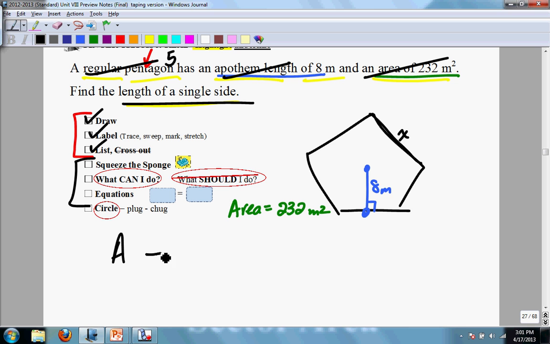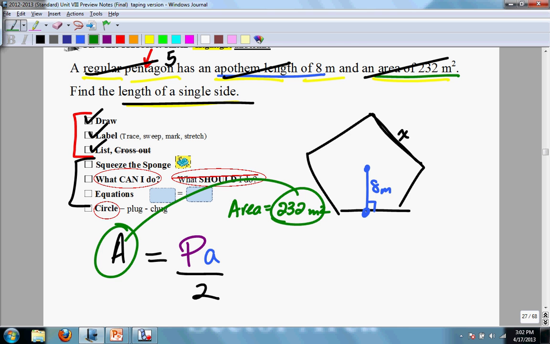Area of a regular polygon is going to be perimeter times apothem over 2. Let's circle, plug, chug. We have the area, so 232 equals.